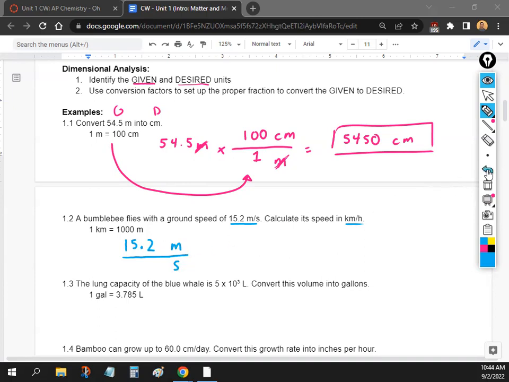You don't have to notate it like this. You can just notate it like this, but just recognize that the 15.2 is the same as being on top of the fraction. And so if you notice, we need to turn the top from meters into kilometers, and we need to change the bottom from seconds to hours. So we need to change the top and the bottom.